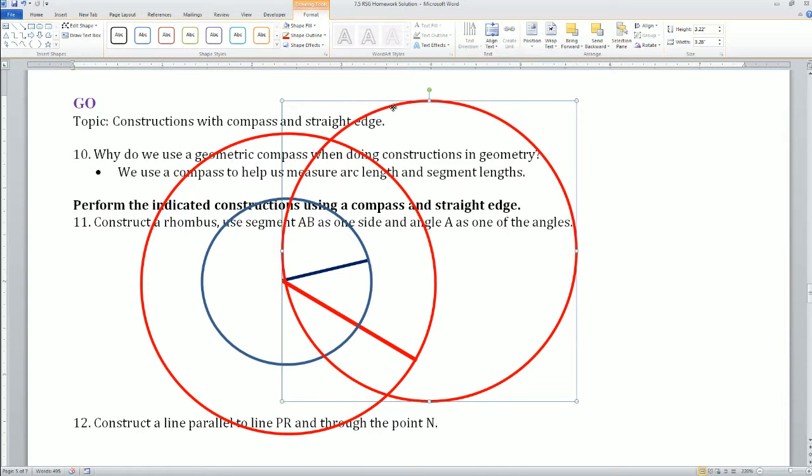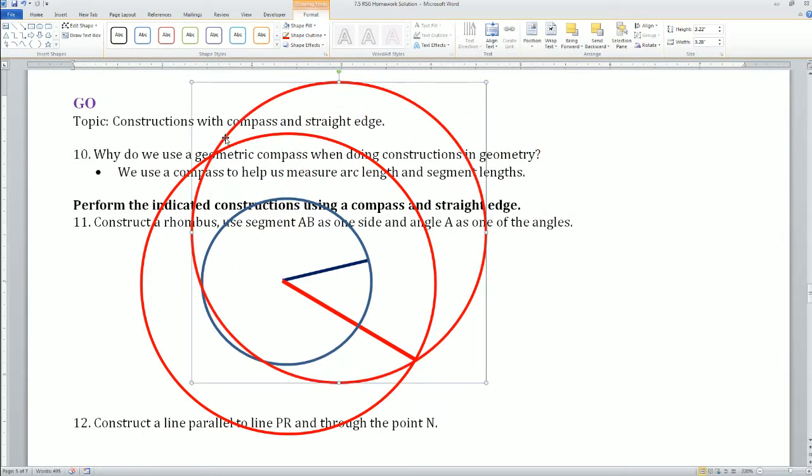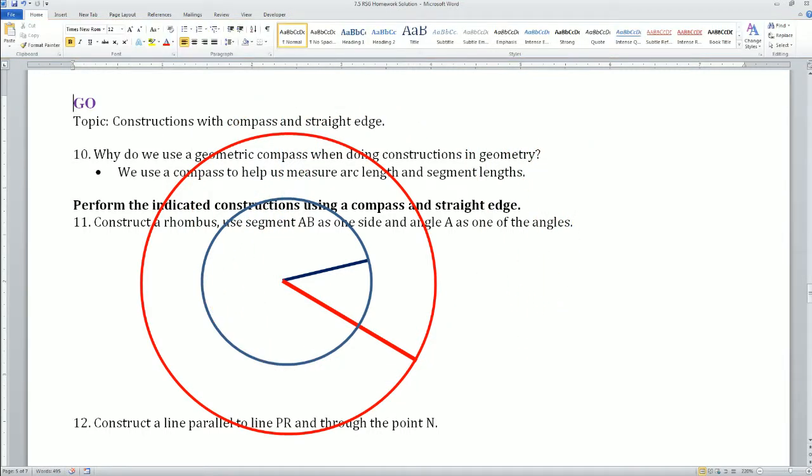I need to make a line down here. We have the first curve here and here, and it goes down.